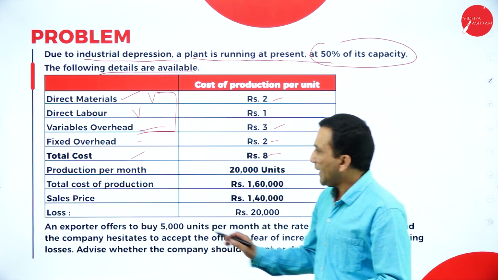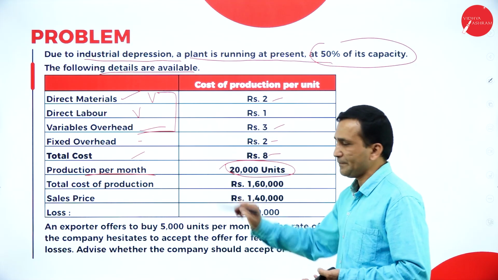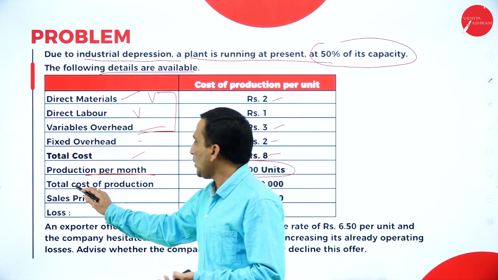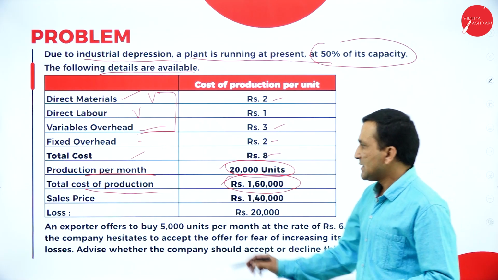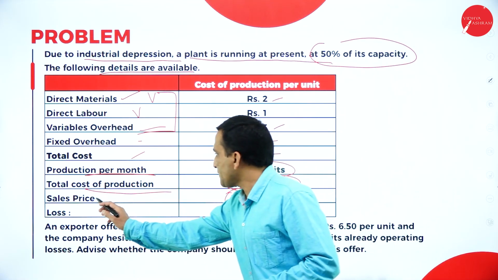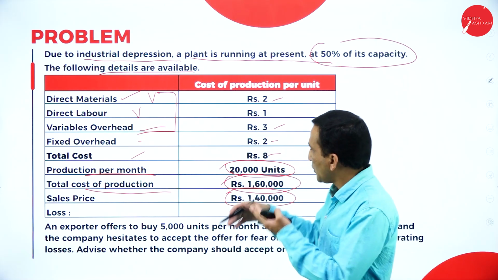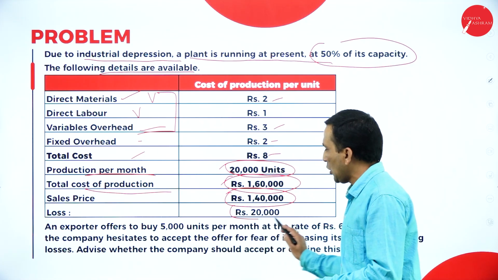Next, the total production for the month is 20,000 units, and the total cost of production is 1,60,000. Selling price is 1,40,000. If you produce 20,000 units, you are facing a loss of 20,000.